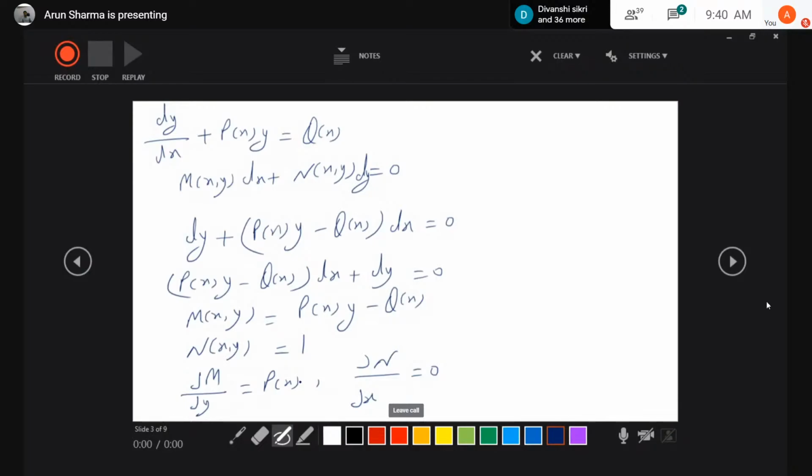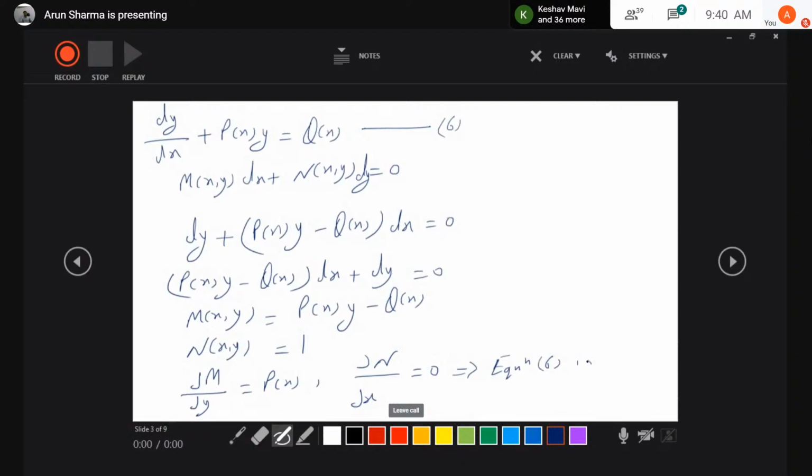Any doubt? Any question? So what to say? This equation, let's call this the 6th equation. Equation 6 is not exact.